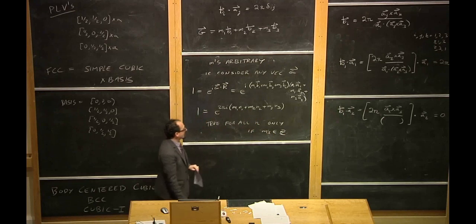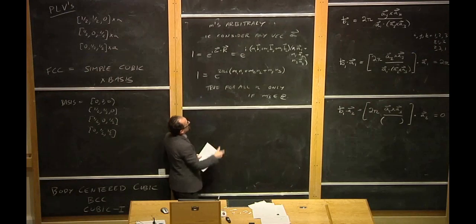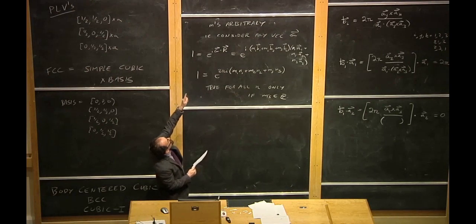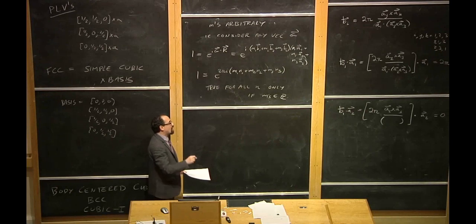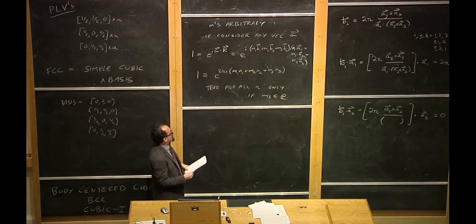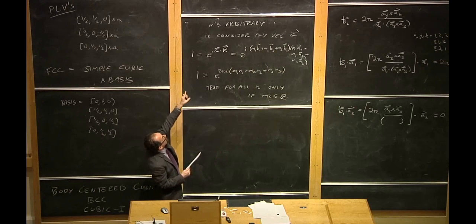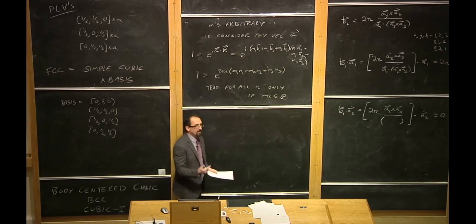So in order to satisfy our definition of the reciprocal lattice, that e to the i G dot R equals 1 for all R in the direct lattice, the only way we can do that is if we choose G of that form with the M's integers. Therefore, G is a lattice.